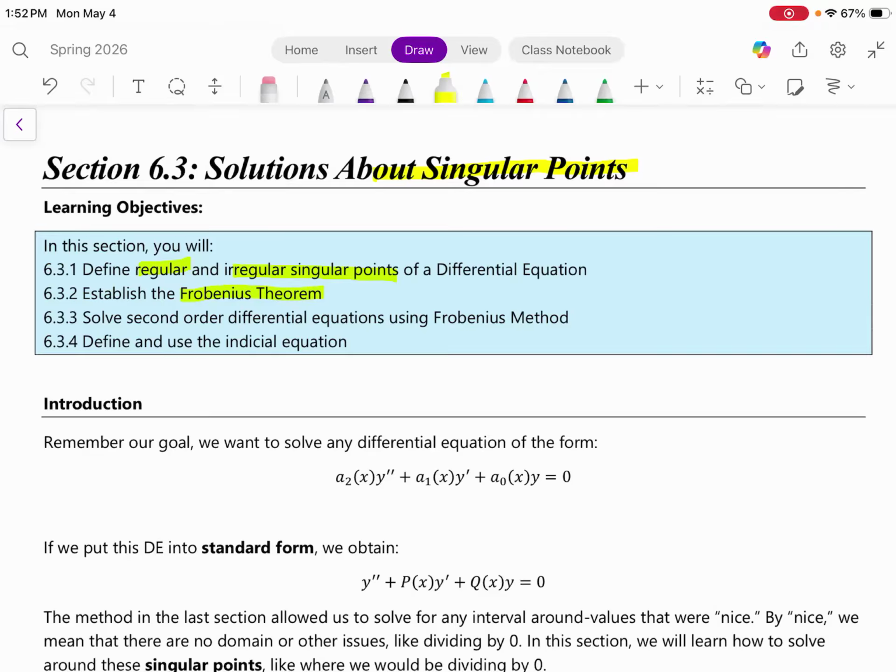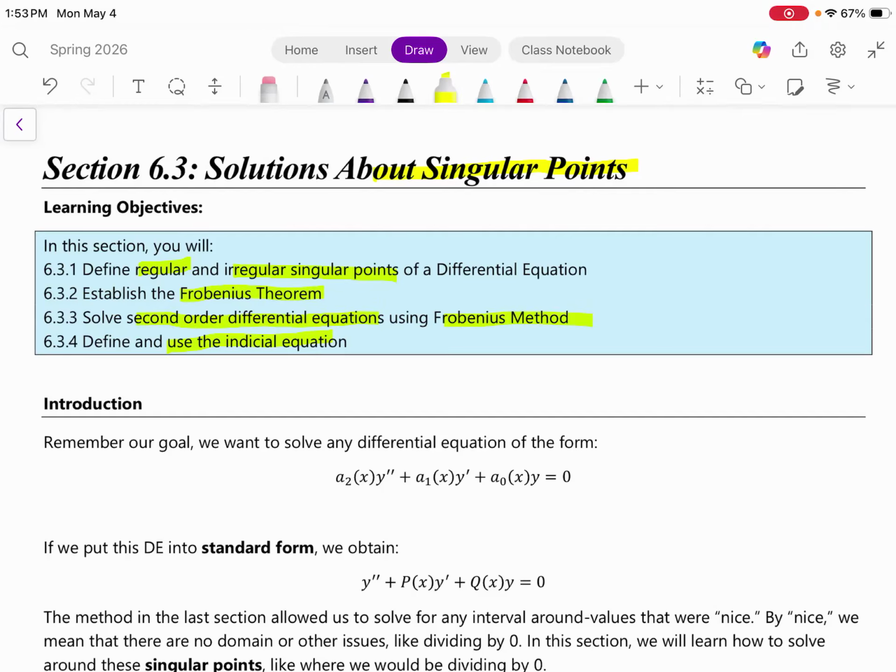And then we're going to use all this to solve second order differential equations using the Frobenius method. And then we're going to define and use the indicial equation. That helps us out when we're solving these differential equations with our power series.